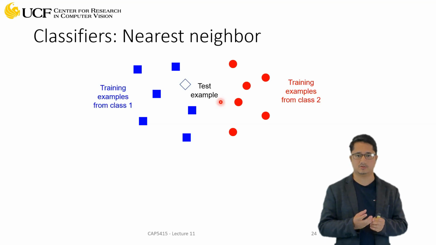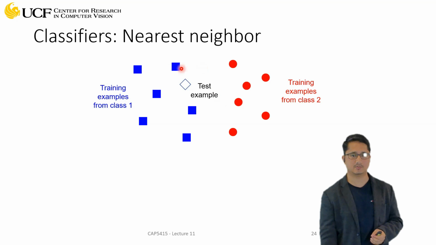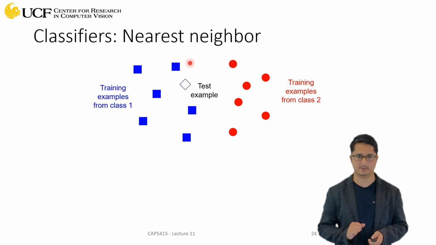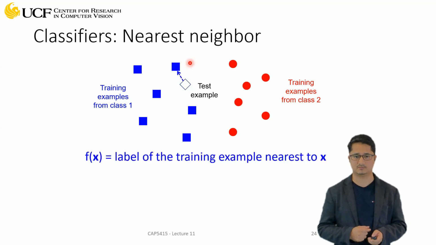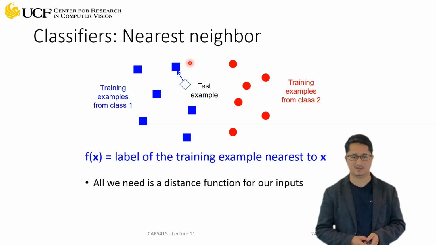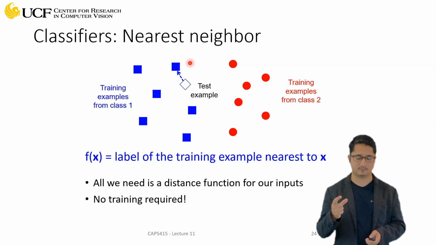You compute distance in that high dimensional space, pick the sample which is closest, and assign its class to the test sample. That's the nearest neighbor algorithm. As I said, it's pretty simple, and we don't need any training. All we have to do is extract features and compute distances from the test sample to all the training samples.